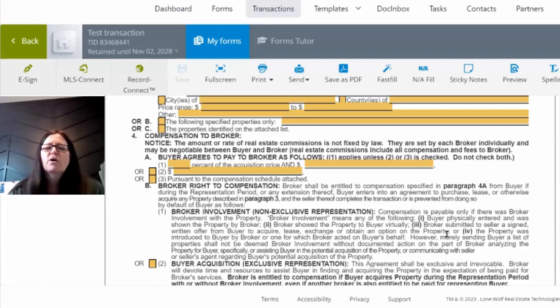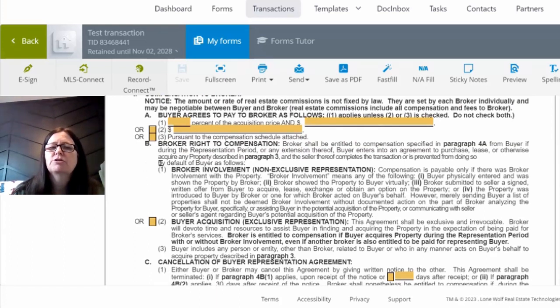So that would be for the default, because there's no box to check right here, so non-exclusive. But if we want it to be exclusive, then we would need to check this box right here. In that case, the agreement says it's exclusive and irrevocable.